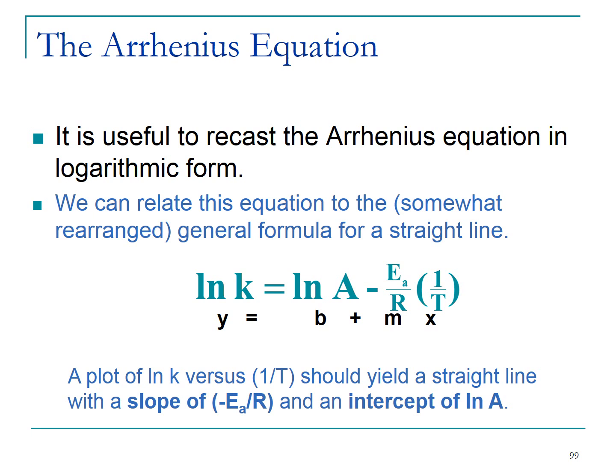So if you plot 1 over temperature versus the natural log of K, x versus y, then you can find that the slope is negative Ea over R, and since R is a constant, the slope is really going to be related to the activation energy, and then the intercept is the natural log of A. Again, we're not really going to focus too much on this. This is just showing you ways that we can find the activation energy, and see how the rate constant is related to temperature.